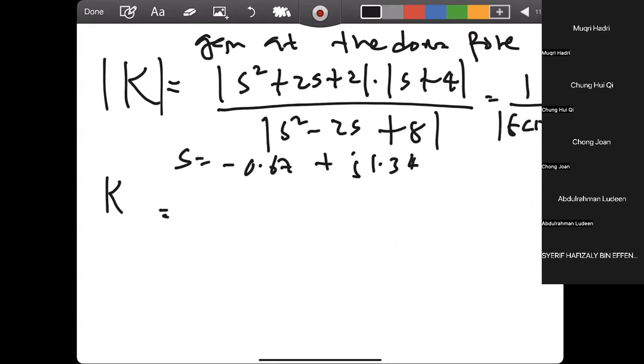Improve yourself. So when you insert the value, use a calculator. So you will get 0.436. Okay? Set this one.